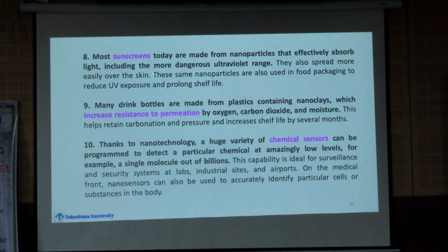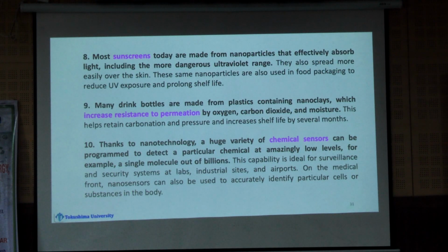And again, in the cosmetics industries, we are using TiO2 and zinc oxide. That is presently available. You can check in the supermarket, they will show that this product might consist of TiO2 and zinc oxide. And in future, it will again improve.